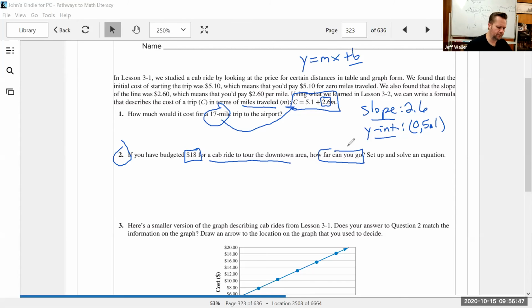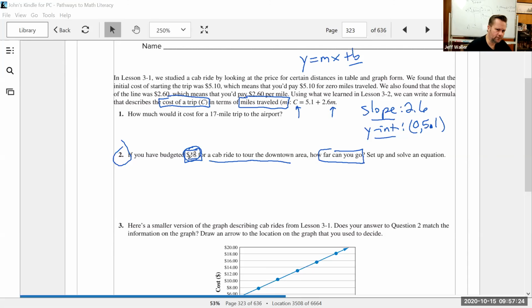This is a nifty question. So what does M represent in this equation? Miles. Miles you can go. And what does C represent? The cost of the trip, I like it. So if they tell me I've got $18 and I'm going to spend all of it, how far can I go?